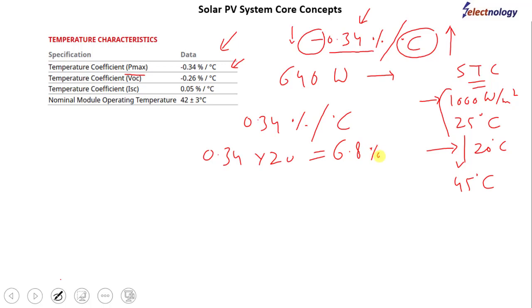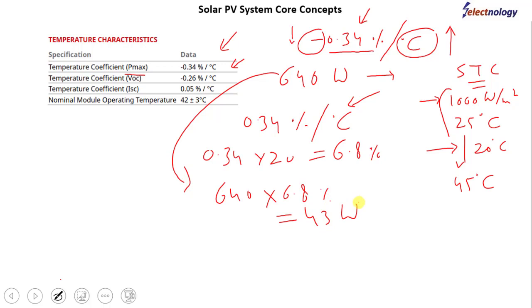So the change in temperature of the PV module is 20 degrees centigrade, and as per this coefficient, we took 0.34% and multiplied it with 20. It comes out to be 6.8%, meaning that the rated power, 640 watts, will change by 6.8%. So if we multiply 640 with 6.8%, this is approximately 43 watts.